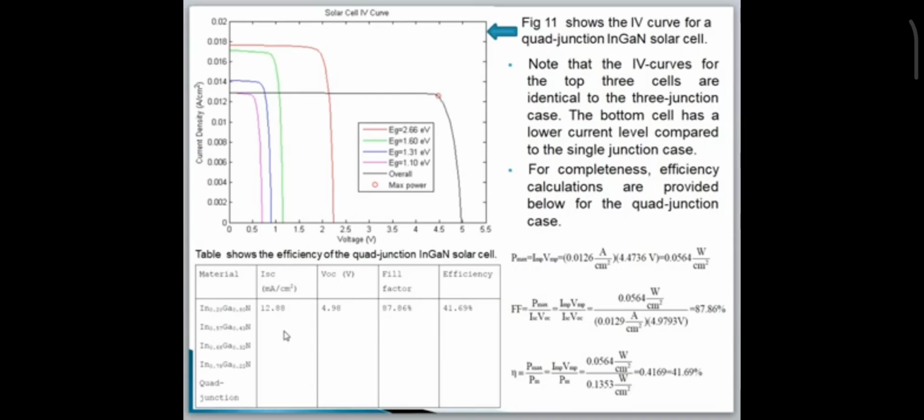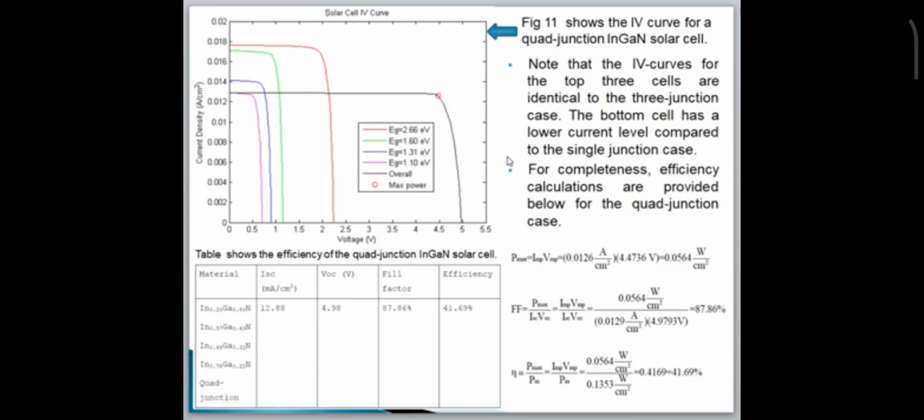From the table, you can note that the short circuit current starts reducing continuously and the open circuit voltage increases, but the efficiency still increases up to 41.69%. The top cell has a mole fraction of 0.20, and the bottom cells have mole fractions of 0.57, 0.68 and the last one 0.78.